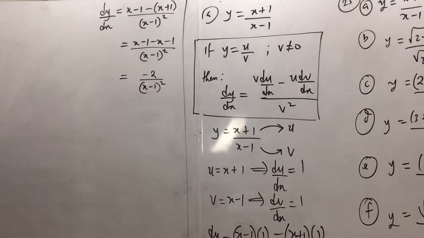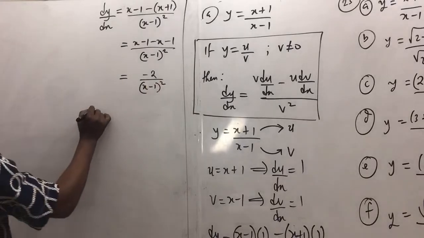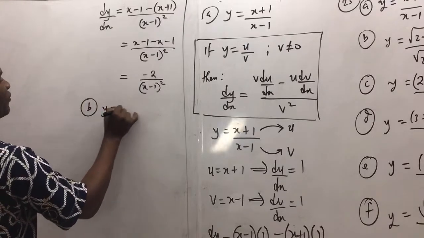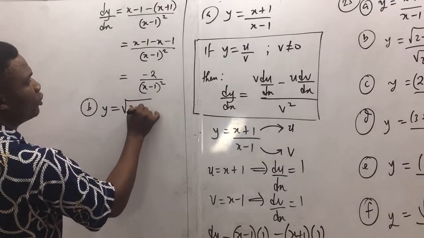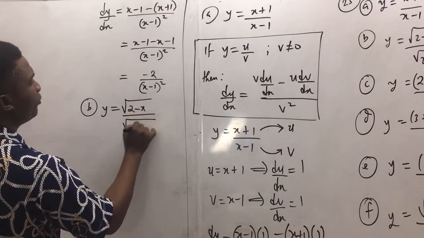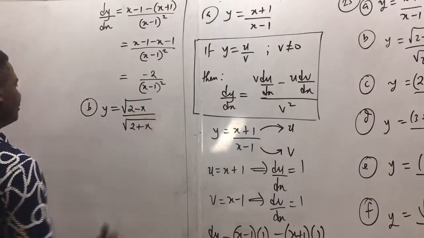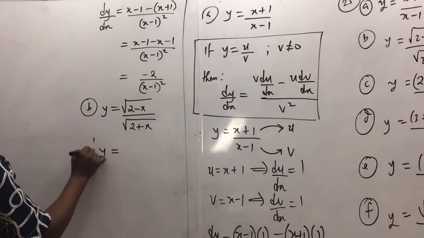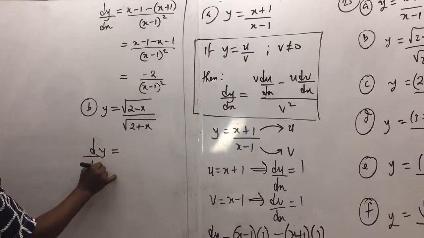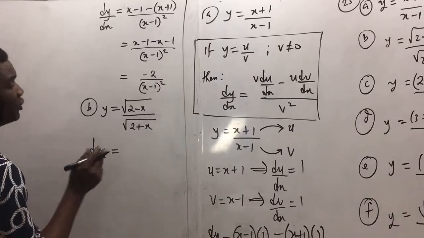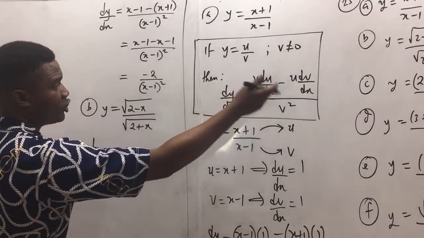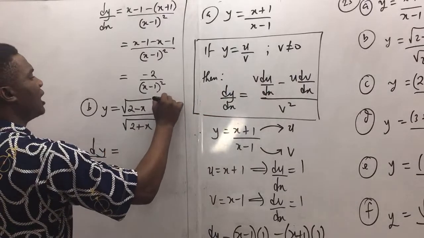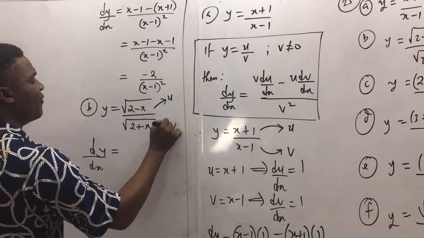I believe we can now go to question B. So for 23B, you are asked to differentiate this. We will be using the quotient rule all through. Now, for this function, dy/dx will be v du/dx minus u dv/dx, all over v squared. So let's call this our u and let's call this our v.